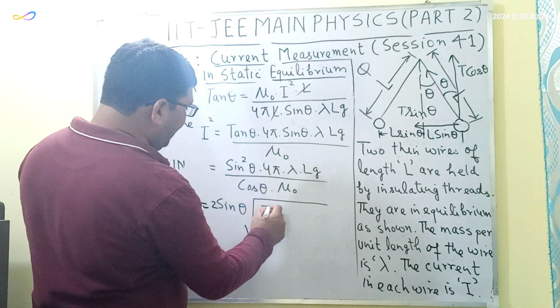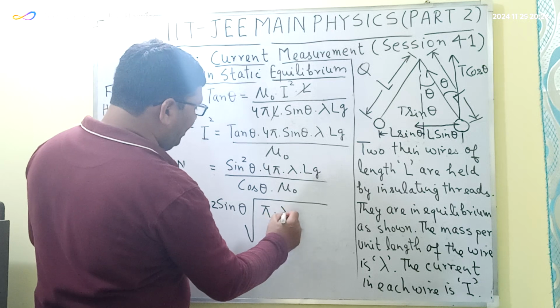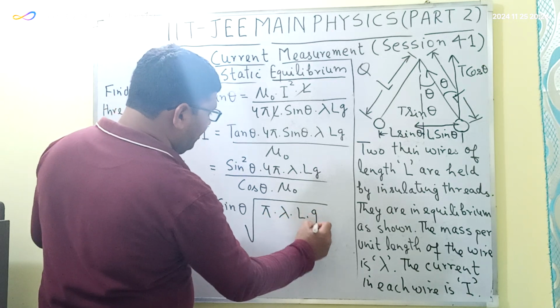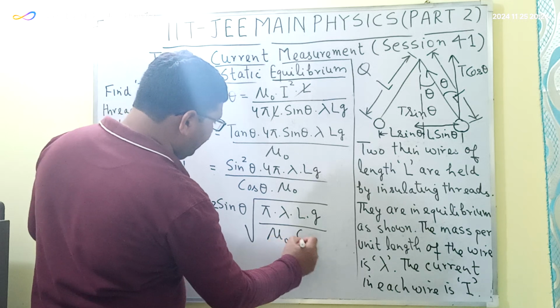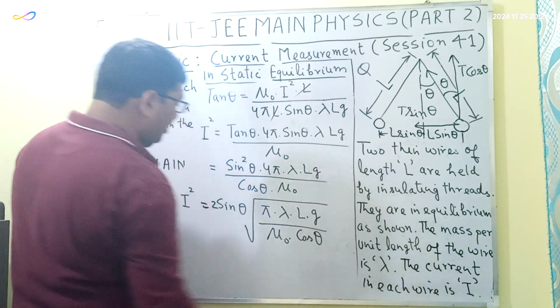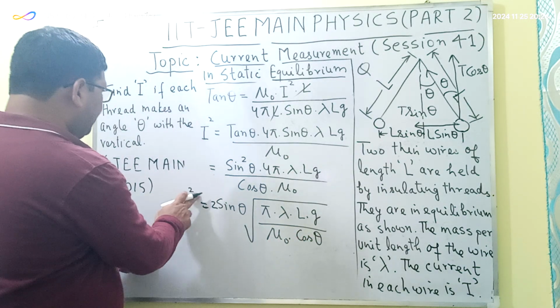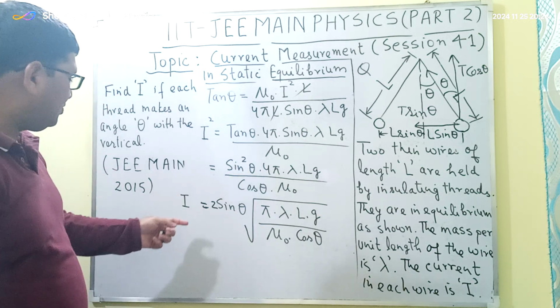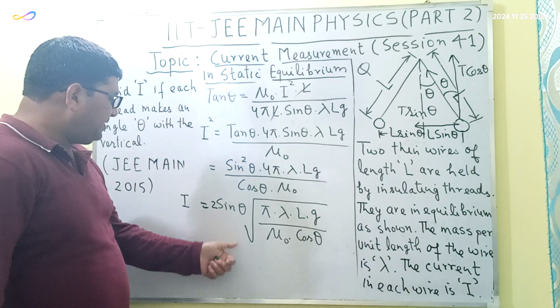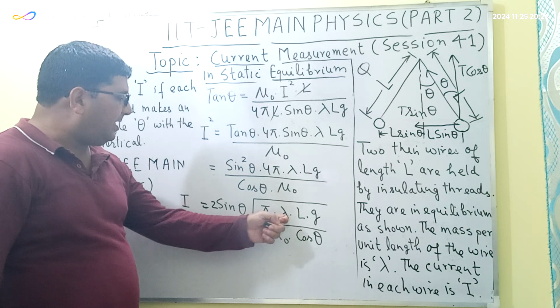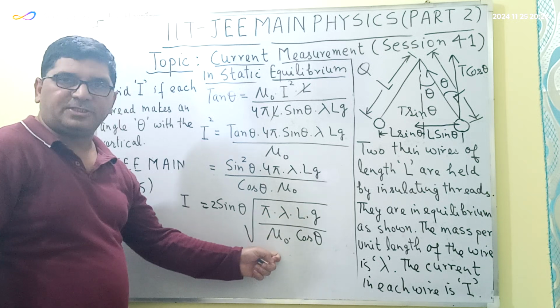So this will be equal to pi lambda L G divided by mu naught cos theta. So this is the value of I. The current flowing in each of these wires will be equal to 2 sin theta under root of pi lambda L G divided by mu naught cos theta.